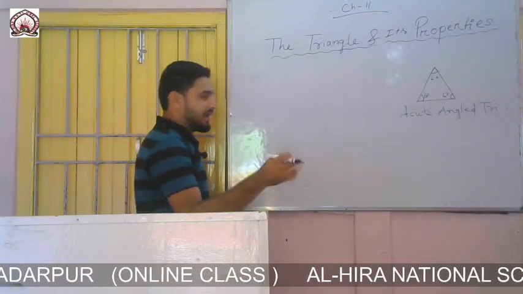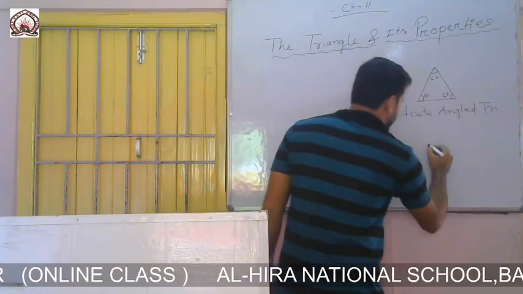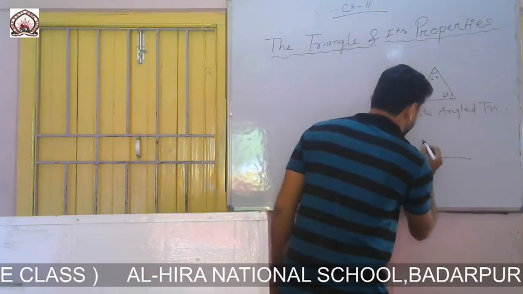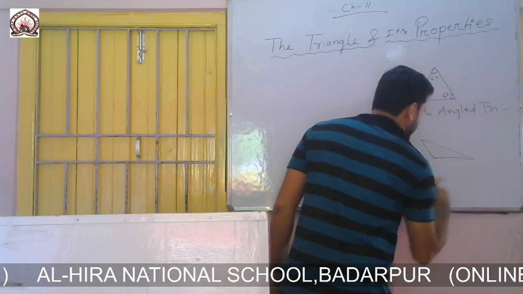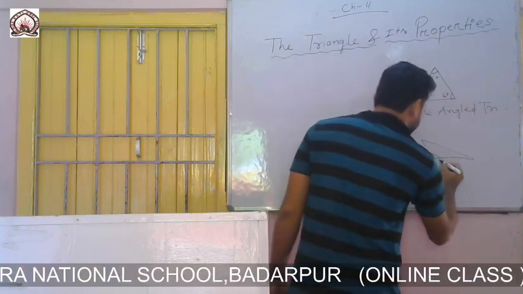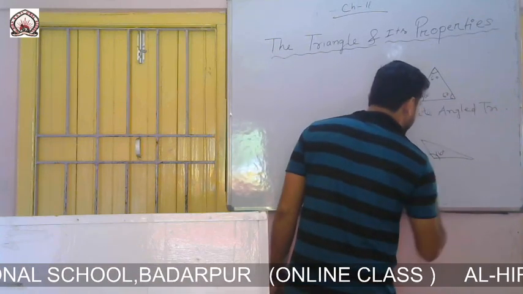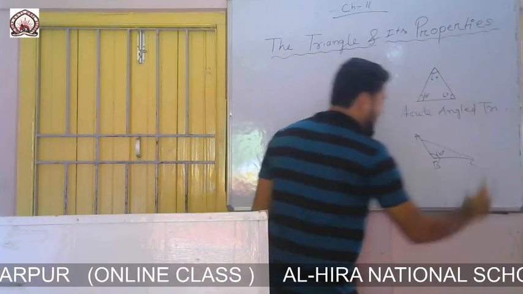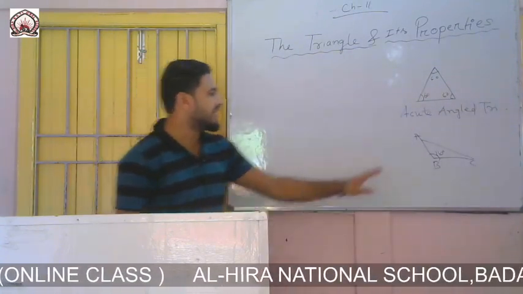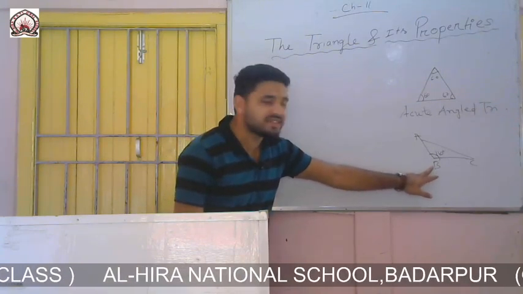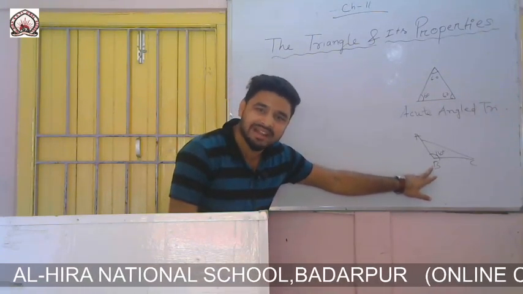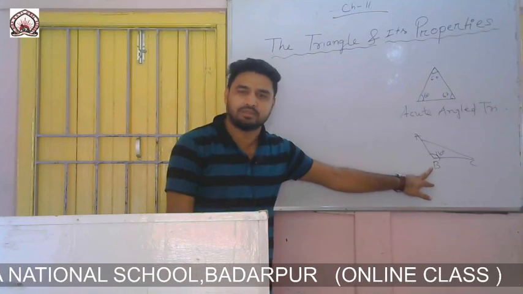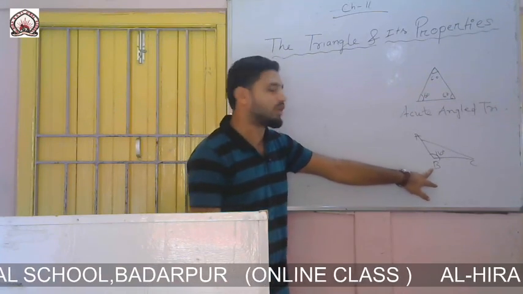Now come to the next case. You see, suppose this angle is 110 degree. In the next case, angle B is 110 degree, which is more than 90 degree, and if it is more than 90 degree, then we call it what? Obtuse angle.